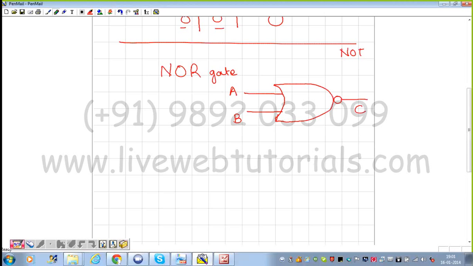We are going to make the truth table of this. So first the input and then the output.